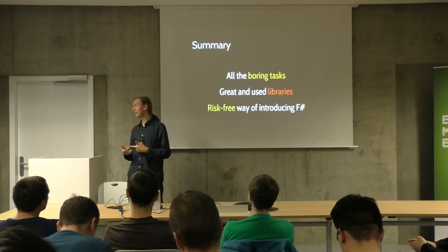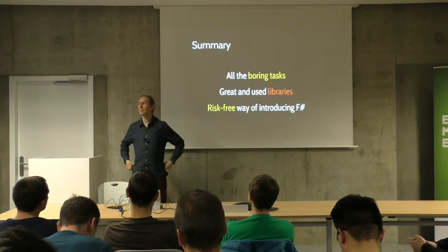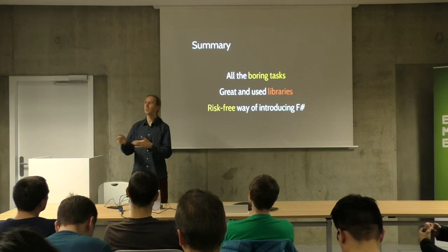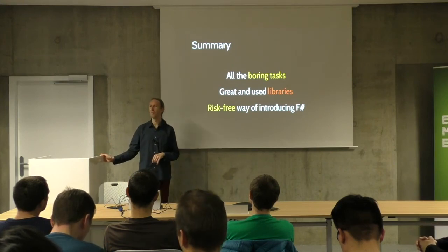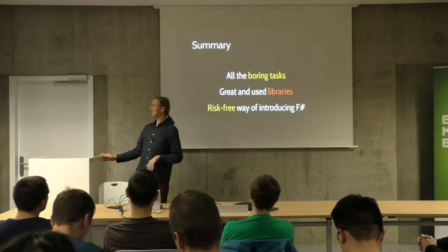F# has a thing called static member constraints, which is kind of like that. You have to inline stuff. Yeah, and changing the compiler so that you wouldn't have to inline it, that can definitely happen, I think.